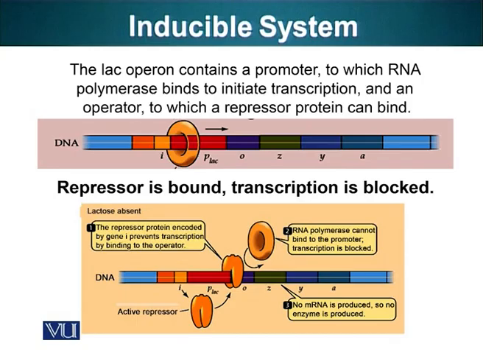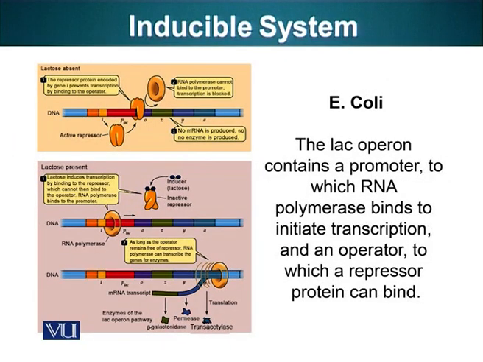When lactose is introduced into the system, lactose binds this repressor. We have already seen how allosteric conformational changes occur in enzymes, when we were talking about enzyme regulation. So here the principle is the same. When lactose is present, it changes the conformation of this repressor.